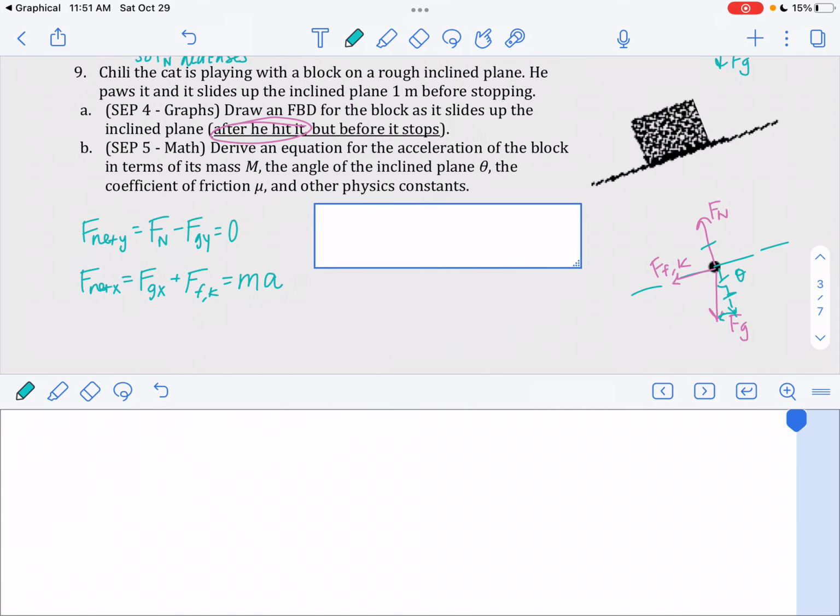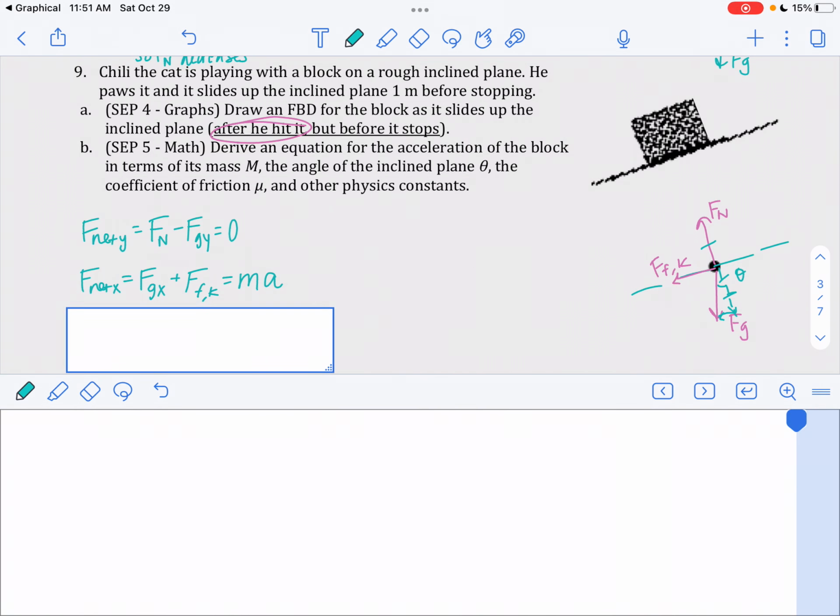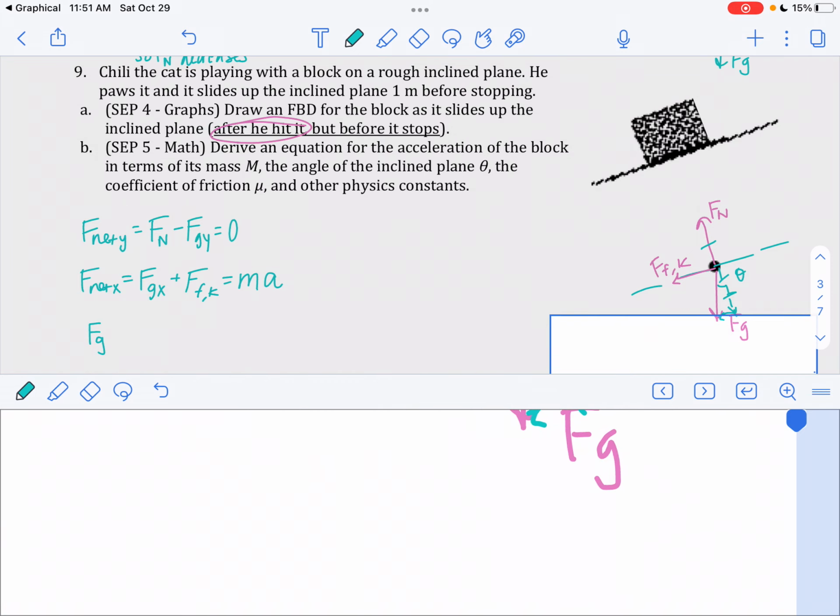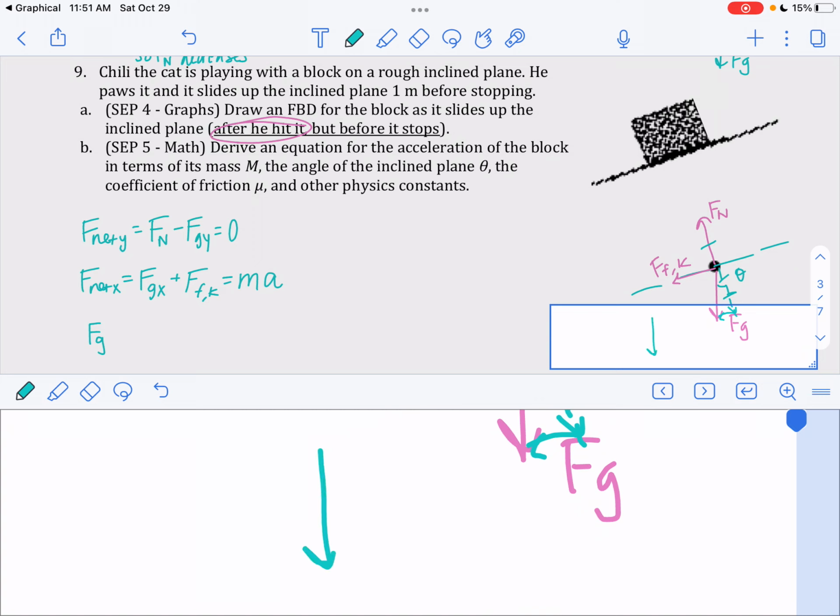Okay, so I'm trying to derive an equation for the acceleration of the block. So I'm going to start by using my FNet equation. So FGX in this case would be, I have FG, FGY, FGX, theta.